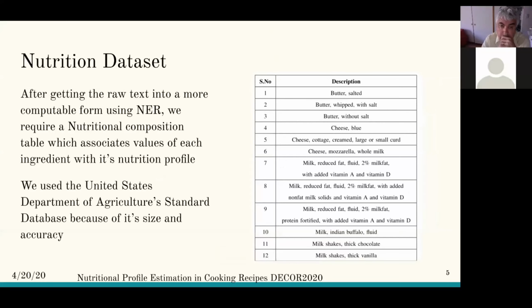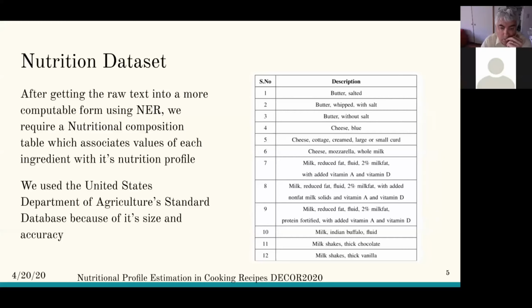But the one that we went along with is the USDA, the United States Department of Agriculture's standard reference database, because it had a lot of ingredients, a lot of nutrients, and a little better accuracy and a better review than the other composition tables that are present.